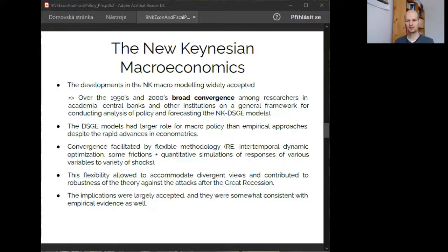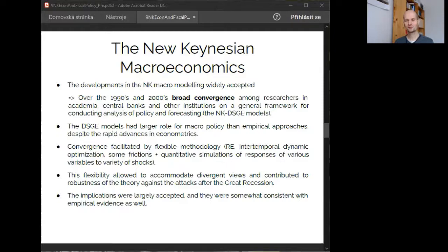What facilitated this convergence was the very flexible methodology. On one hand, the methodology of DSG models accepted the methodological novelties and innovations of the 1970s, so there were few reasons to reject the methodology by the proponents of the new classical macroeconomics.